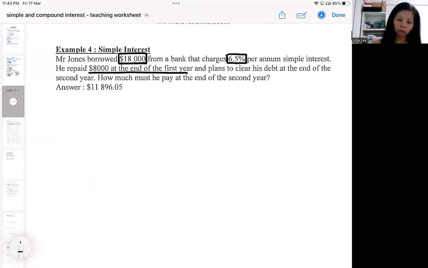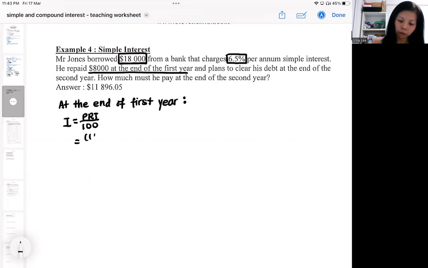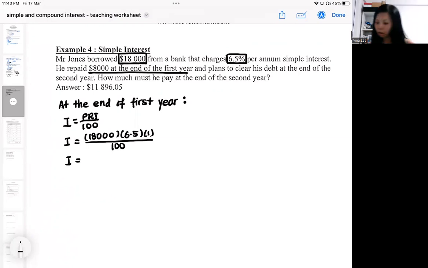So you got to think about what happened at the end of the first year. At the end of the first year, how much interest will he owe the bank? Do the PRT over 100. Calculate the interest that he will owe the bank after 1 year, to find out how much he actually owes the bank after 1 year.